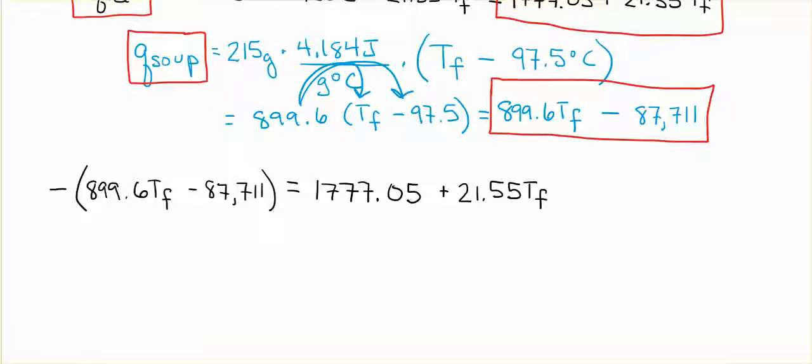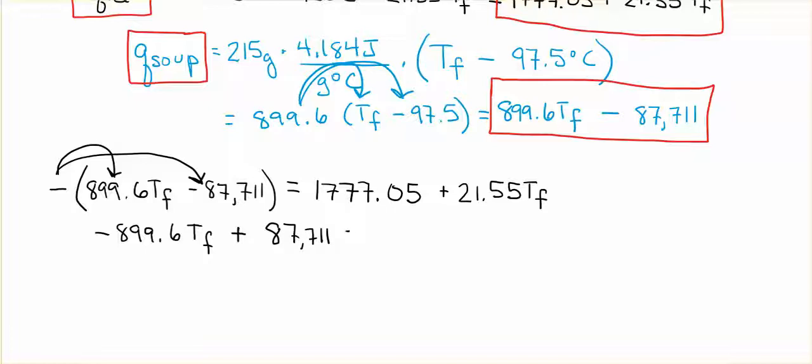Now we just have to solve for things. So once again, we're going to distribute. Negative 899.6 TF plus 87,711 equals 1777.05 plus 21.55 TF.